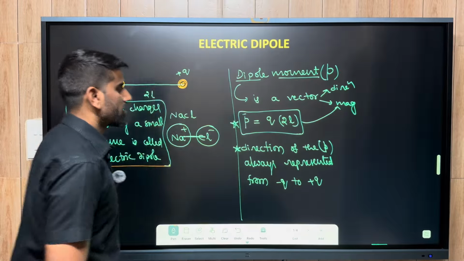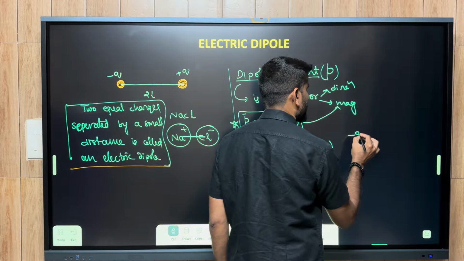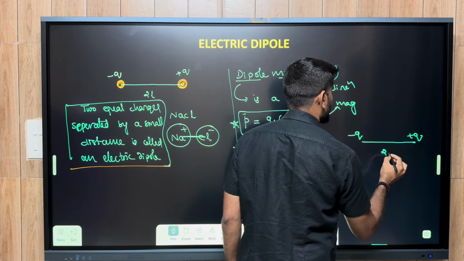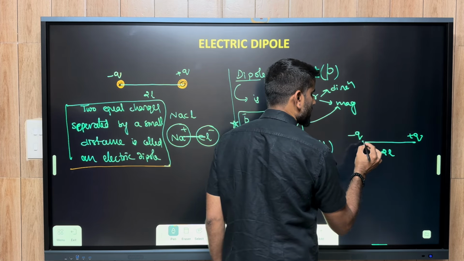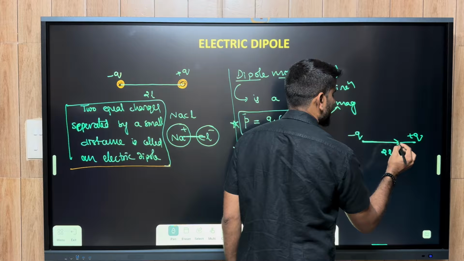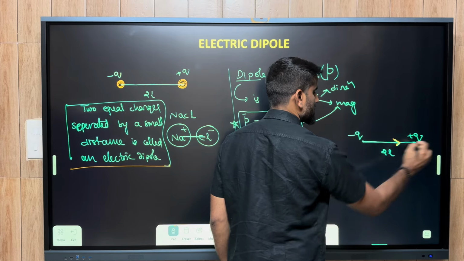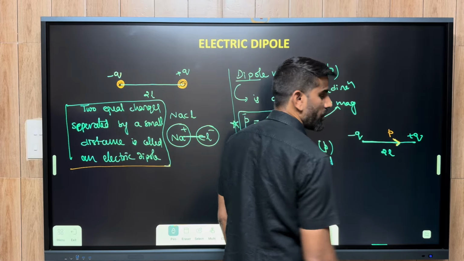When you look at this diagram, let's say this is minus q and this is plus q, separated by a distance 2l, then the dipole moment direction will be in this direction, minus to plus.